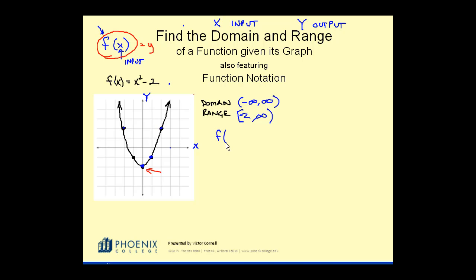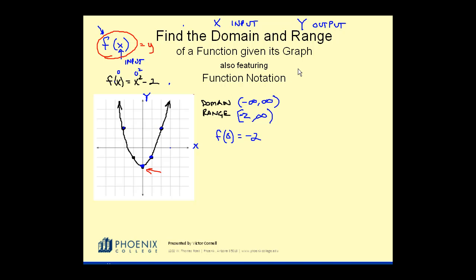If we start with f of 0, what am I doing? I'm inputting a 0 in for x. So you could actually just look at the formula, right? Input a 0 for x right here. 0 squared minus 2 is negative 2. You can just get it right off the formula. But let's get it off the graph.